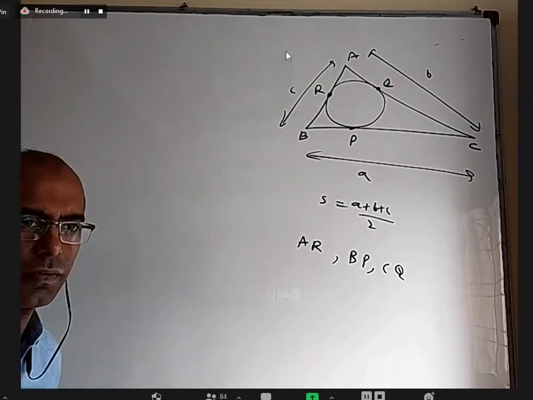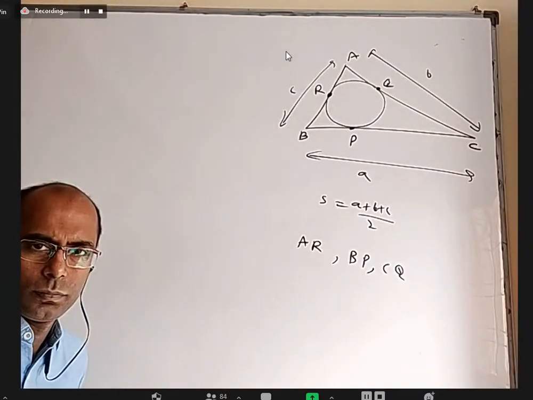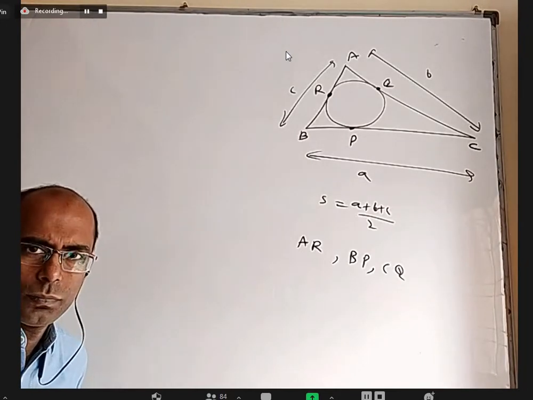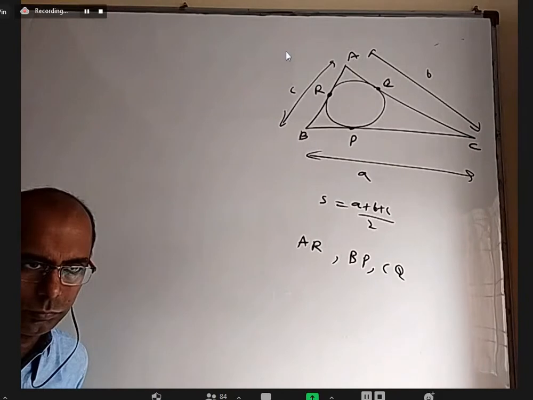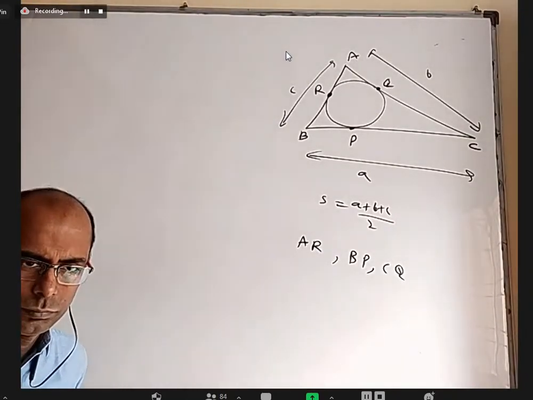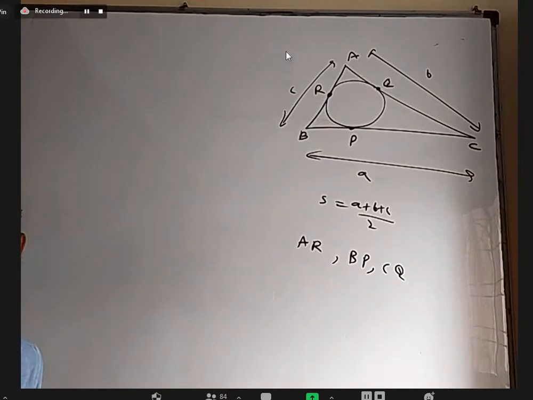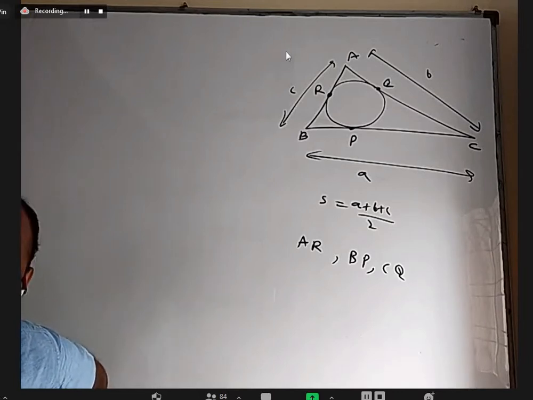PQR are the points of contact of the incircle with the triangle. Sir, AR plus BP plus CQ equals... Okay, I want only AR separately. BP how much?